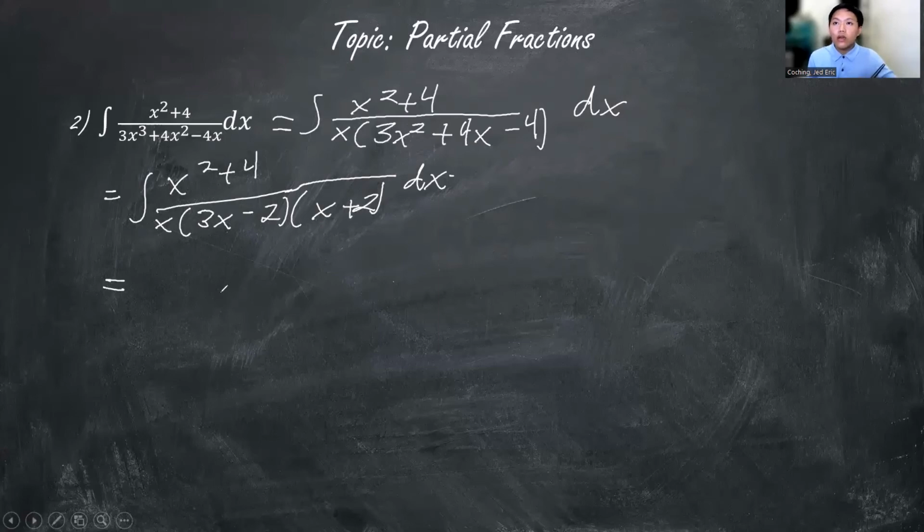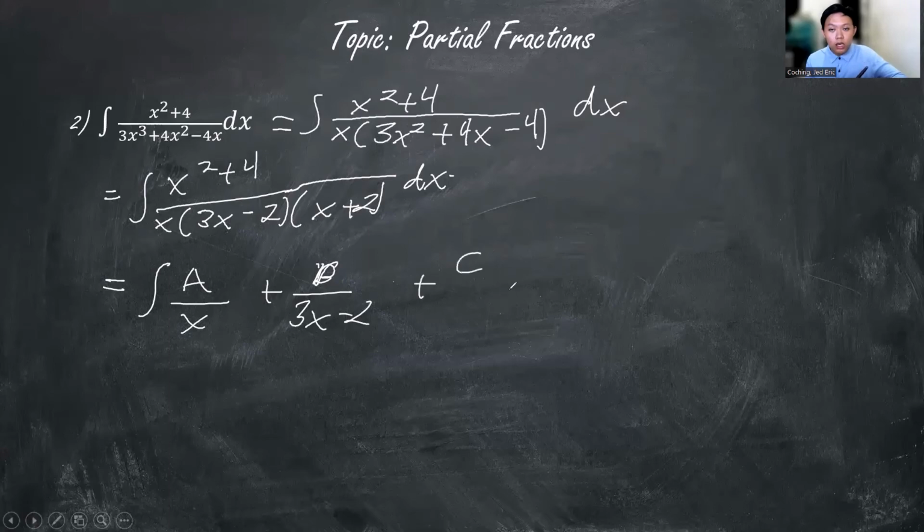So it's going to be a over x plus 2, b over 3x minus 2, plus c over x.